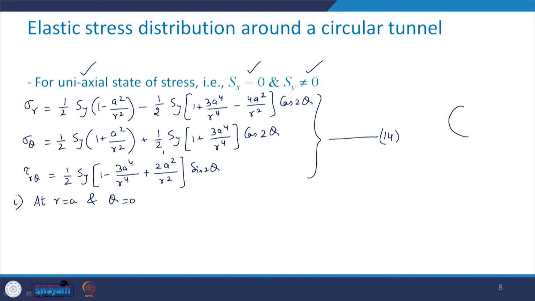So, if this was the tunnel, I had the directions of these axes in this manner, that is the horizontal axis was representing the x direction and vertical was y, and if this is the rock mass, any point had the coordinates r comma theta, and this theta I took in the anti-clockwise direction from the x axis.